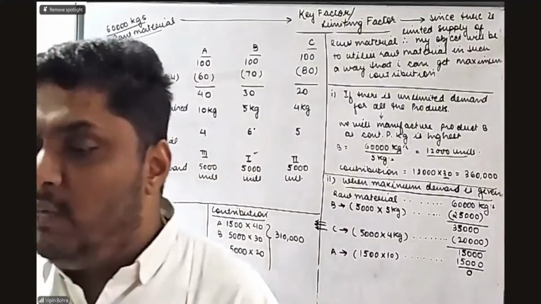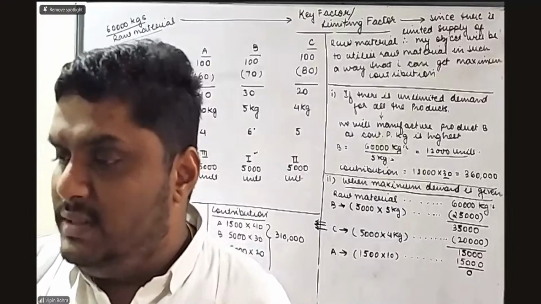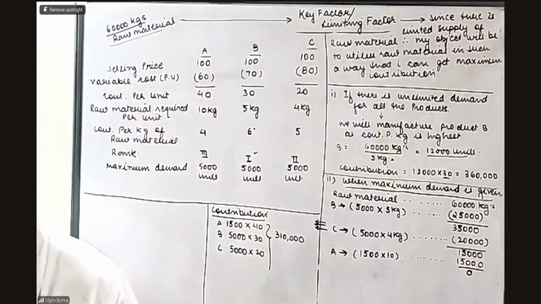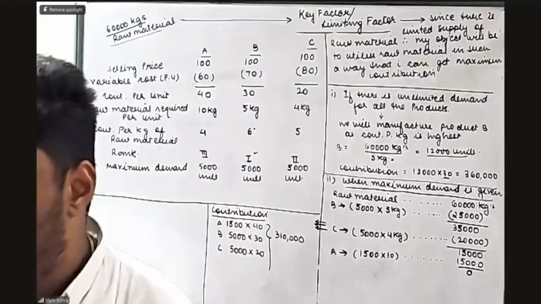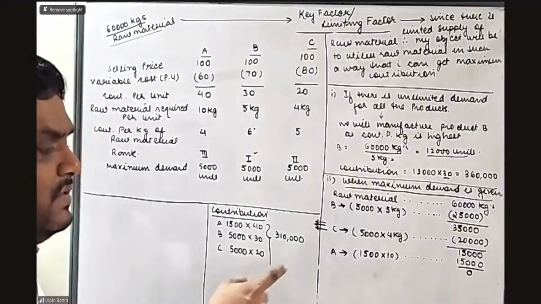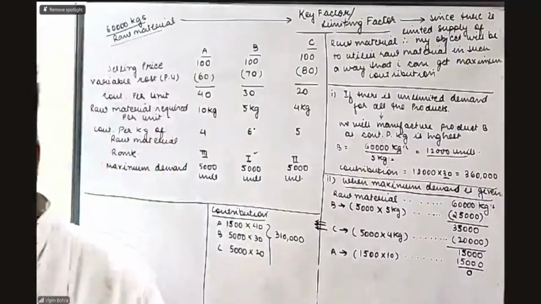Anyone with any doubts or queries? You guys can post your queries. Still, I'm not done. I'll be discussing one more part. Very good, Tanu. Very good, Minu. So if the fixed cost is given, we will deduct the fixed cost and we'll get the final figure profit. Anyone with any doubts or queries?